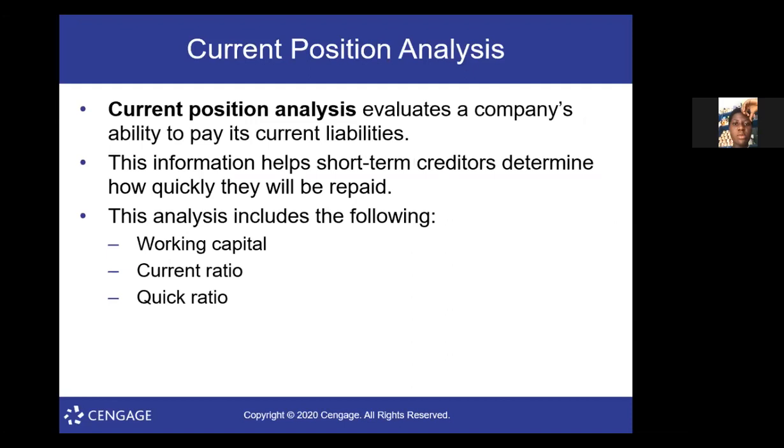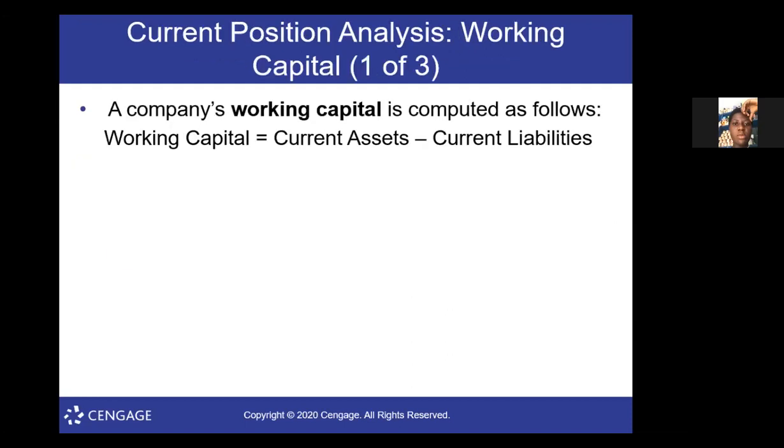Current position analysis evaluates a company's ability to pay its current liabilities. The information helps short-term creditors like banks determine how quickly they'll be repaid. What are the three key measures of liquidity analysis? It's working capital, current ratio, and quick ratio.